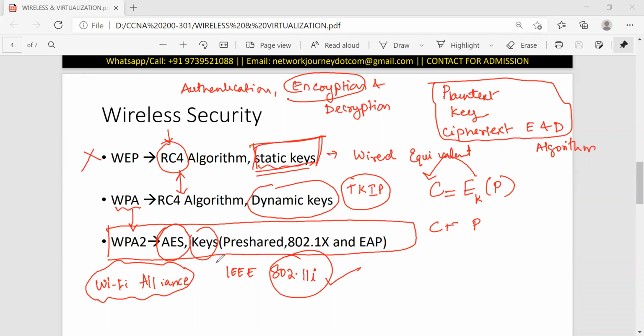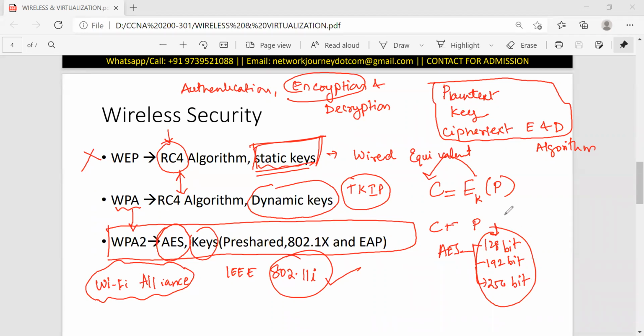Keys are basically, because AES has different versions, you have 128 bit, you have 192 bit. What I'm talking about is the algorithm that takes a certain number of bits of key and can encrypt a certain number of bits of ciphertext. So these are the numbers 128 bit, 192 bit and 256 bit.